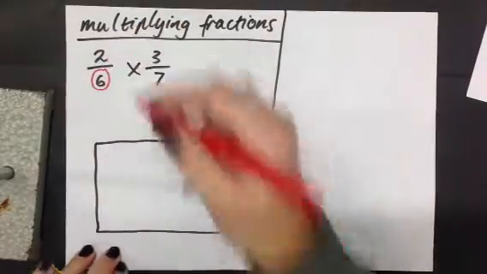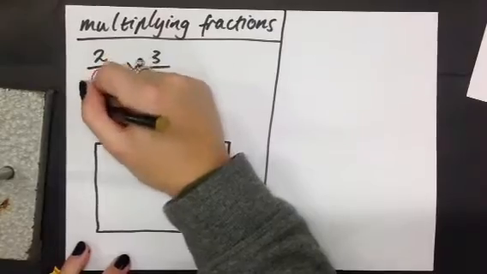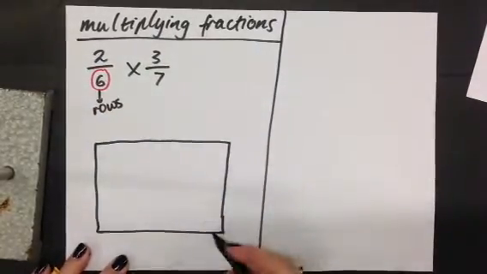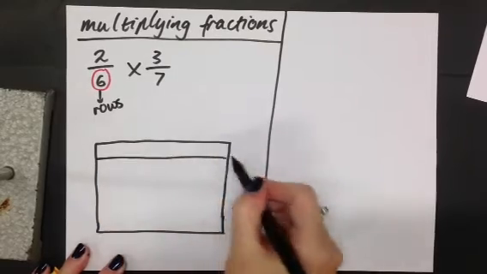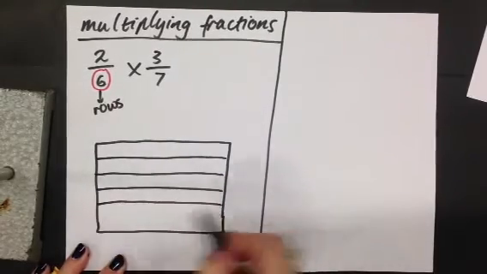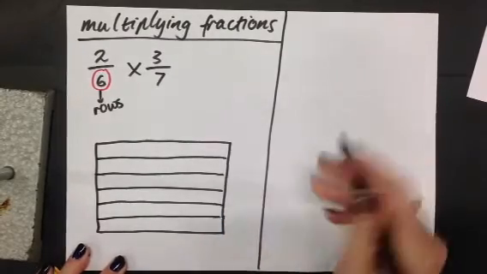So the first number on the bottom is how many rows for your grid. So this one needs to be 6 rows. 1, 2, 3, 4, 5, 6.